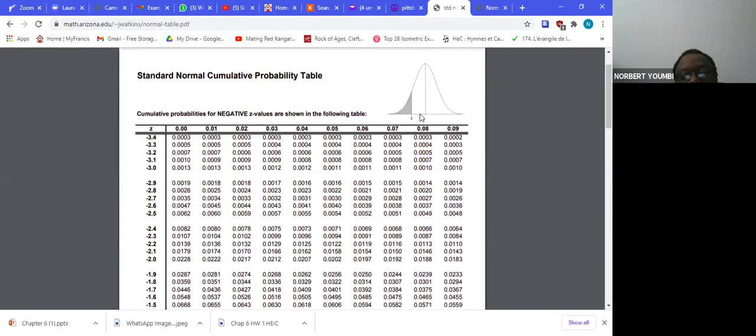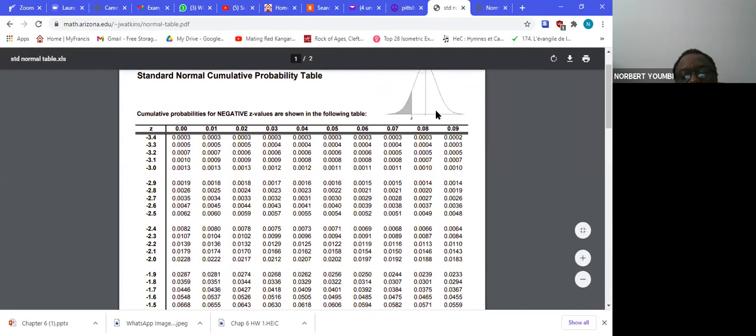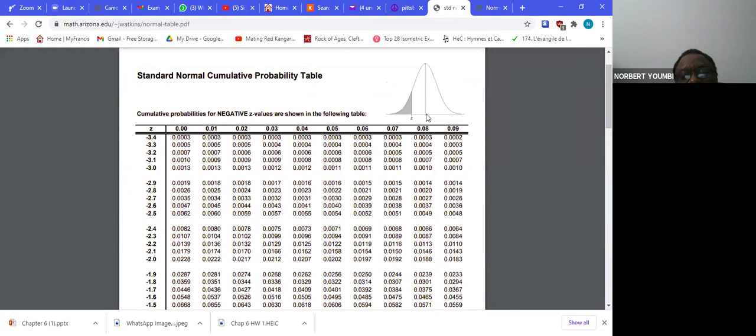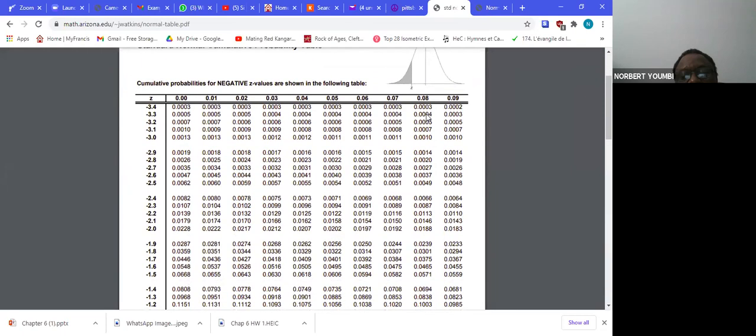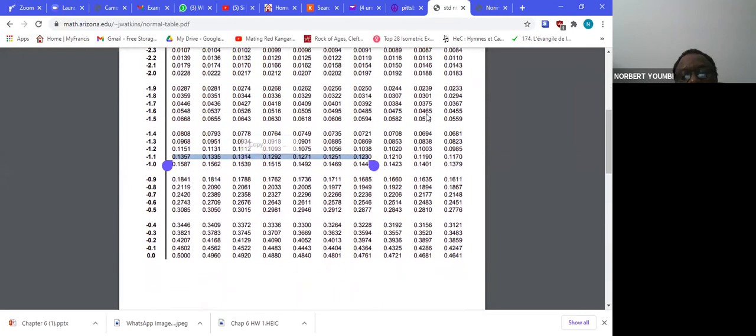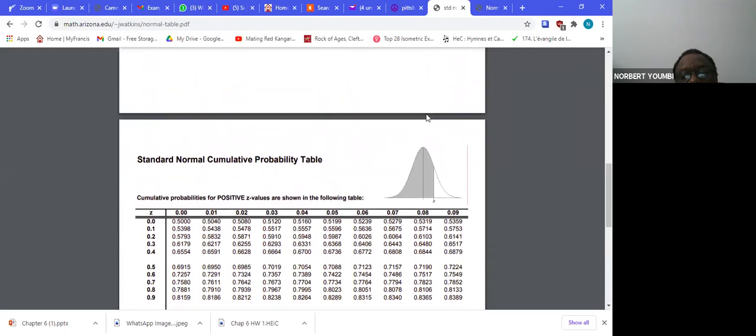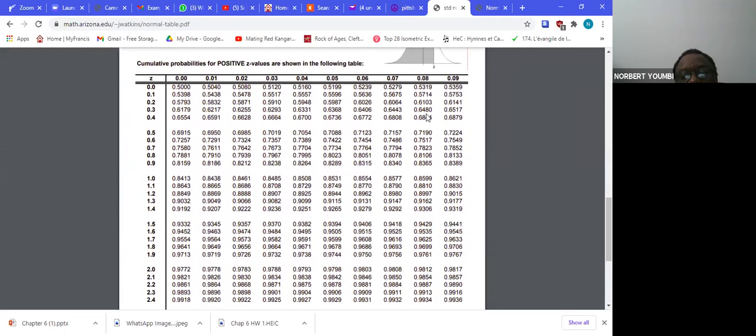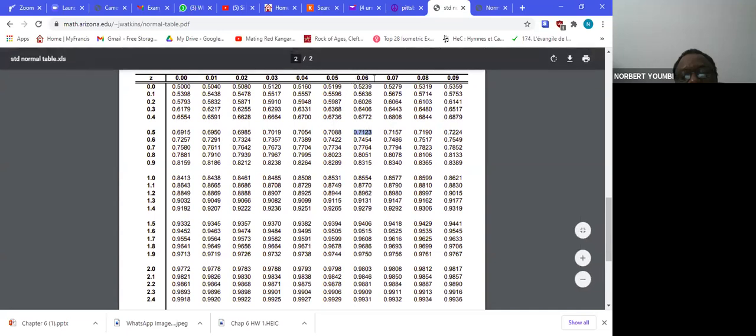If we are between 0 and z, the area below 0 is 0.5. We add it to 0.2123 to get 0.7123. So I will be looking for 0.7123. The z value so that the area to the left of z is 0.7123 is 0.56. So that's how we can get it using the table.